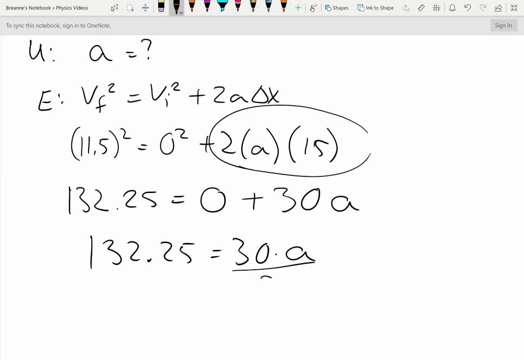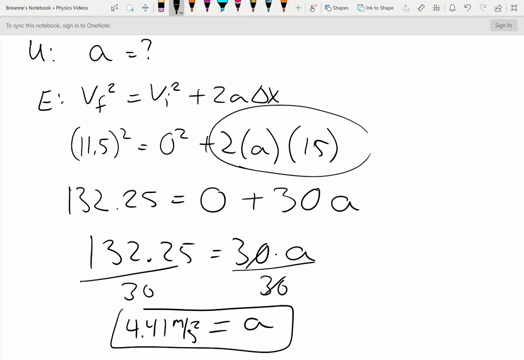The opposite of multiply is divide. What you do to one side, you got to do to the other. So then you just divide, and you get 4.41 meters per second squared. And there we go.